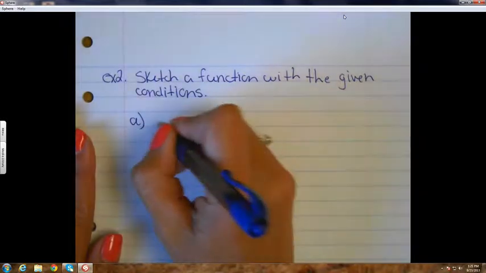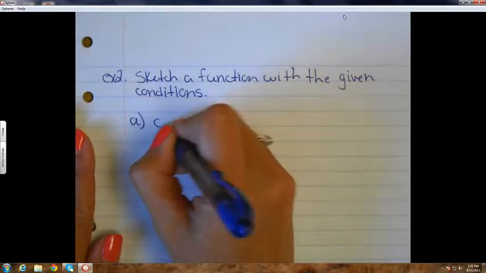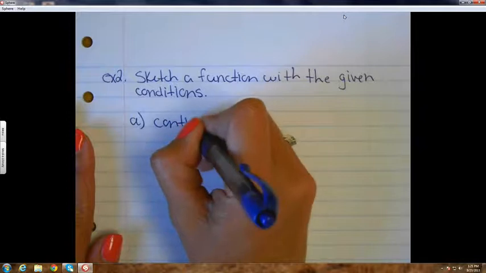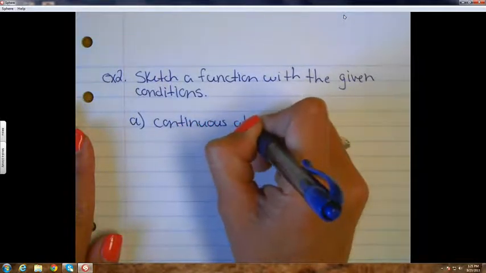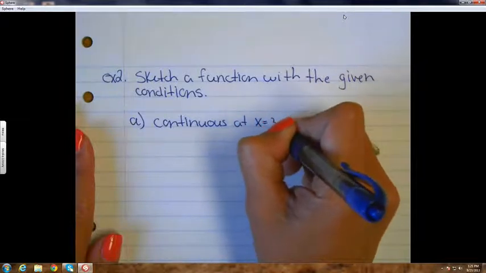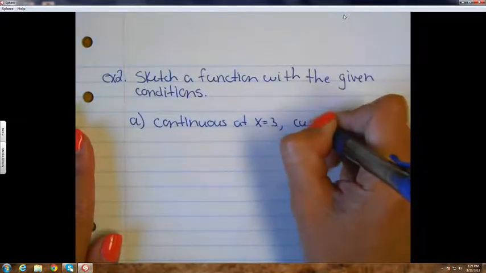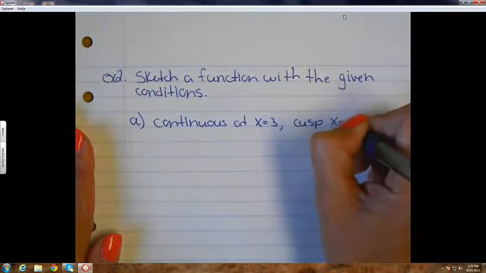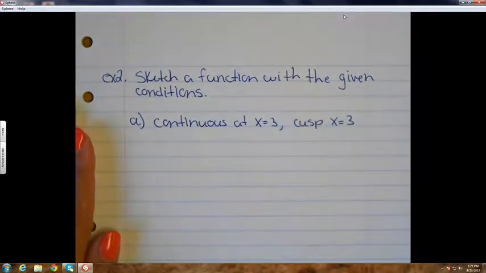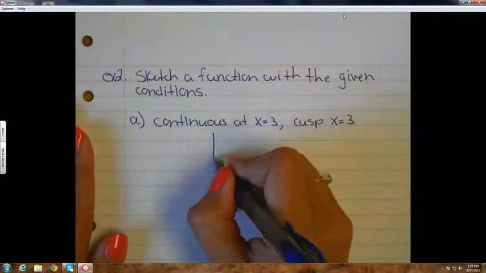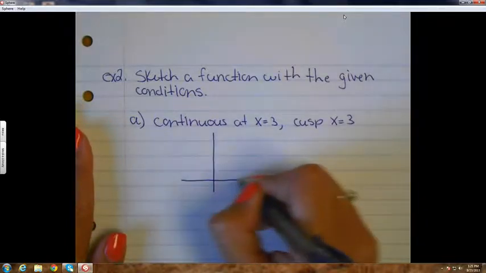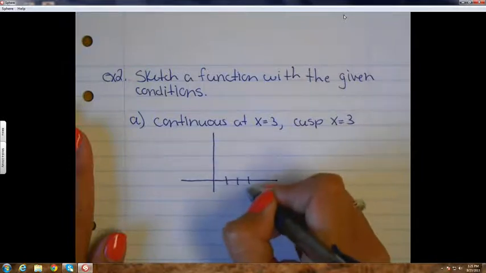Start simple. Make your graph continuous at x equals 3, and there's a cusp at x equals 3. Okay, so you're just drawing any kind of function you want. We'll go out to 3.